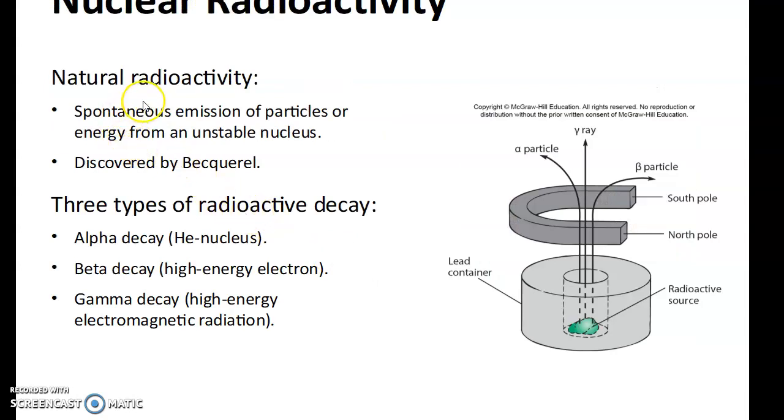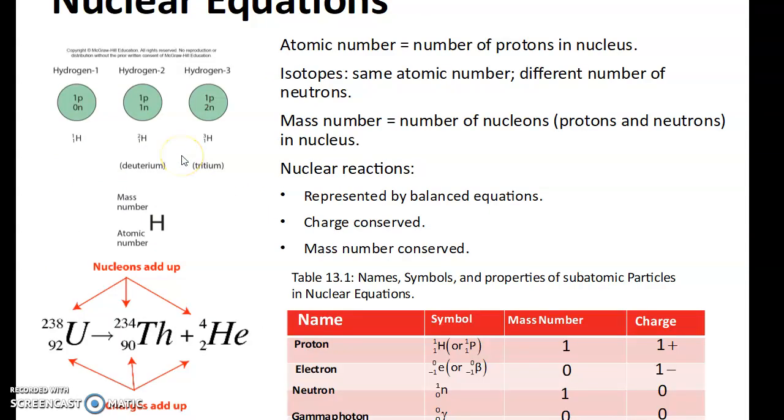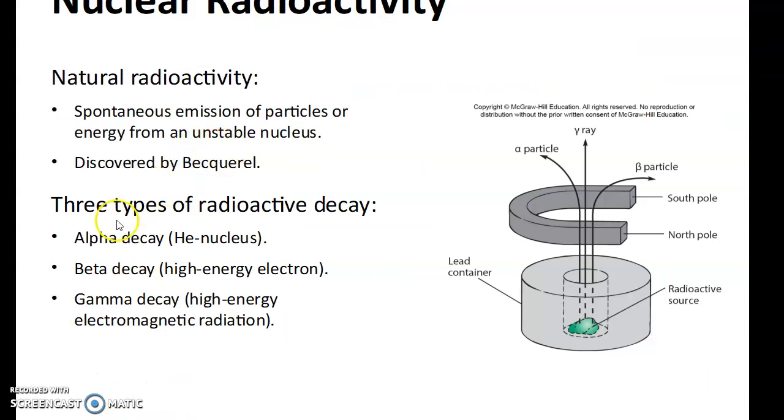And what happens is some of the elements, especially those way at the bottom, all of those that were listed in white on the table when we talked about that, undergo spontaneous emission of particles or energies from an unstable nucleus. These were discovered by Becquerel. Madame Curie did an extensive amount of work in this area as well. Three types of radioactive decay are alpha decay, where you get a helium nucleus, beta decay, where you get a high energy electron, and gamma decay, where you get high energy electromagnetic radiation.